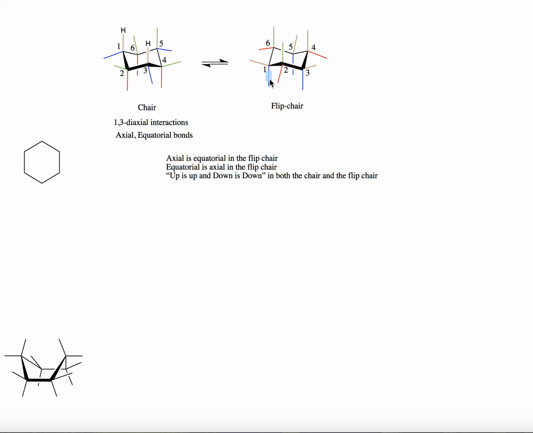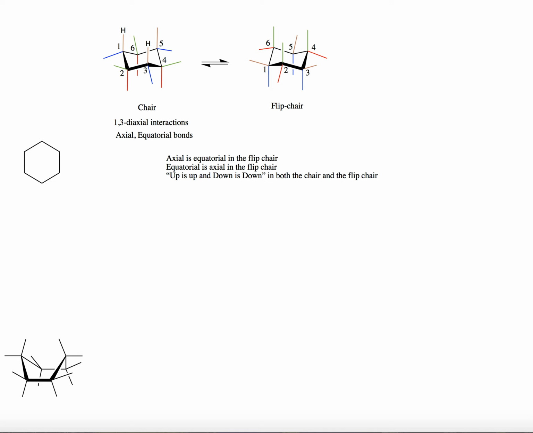Once again, in the flip chair, the three groups in axial position, these green groups, are axial. Anything different than hydrogen here will bring 1,3 diagonal interactions. The three blue are also axials. So anything here that is different than hydrogen will bring 1,3 diagonal interaction, making the chair less stable.